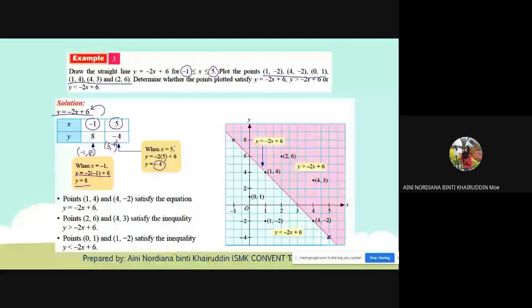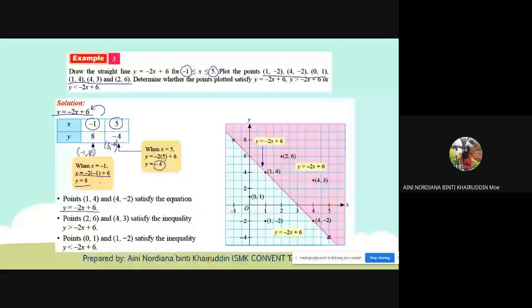Points 1, 4 and 4, negative 2 satisfy the equation y equals negative 2x plus 6 because these 2 points are on the straight line. Points 2, 6 and 4, 3 satisfy the inequality y greater than because they are in the above region.